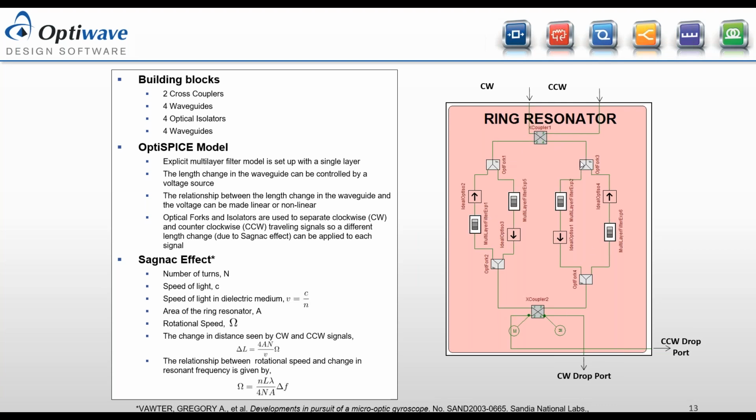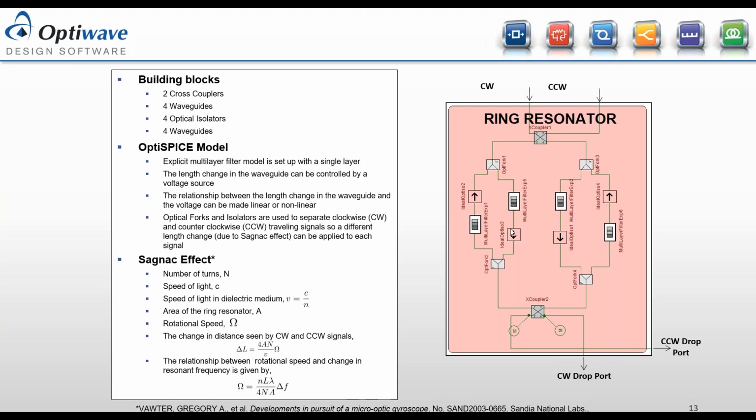One of them goes counterclockwise, the other goes clockwise, and I have split the signals into two here because we need to control the length of the multilayer filter, or one section of the length, using a voltage controlled source, which will in fact simulate the change in the resonant frequency.